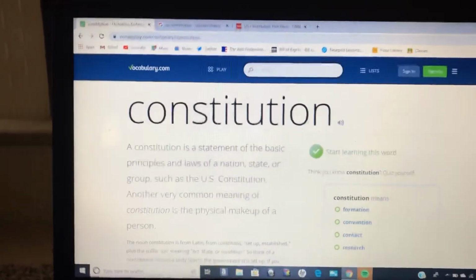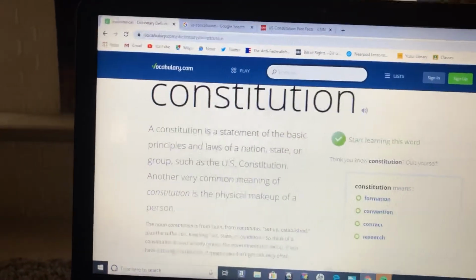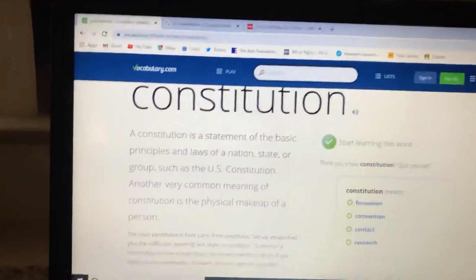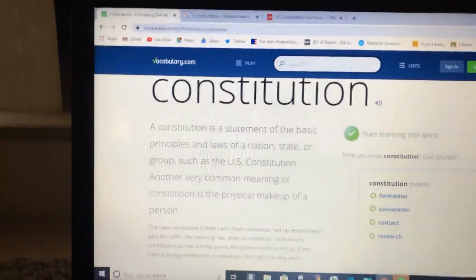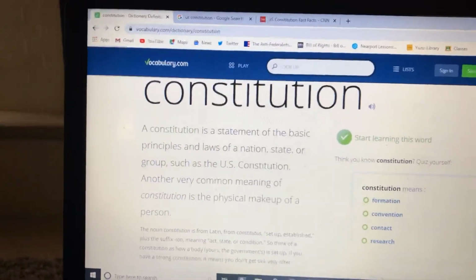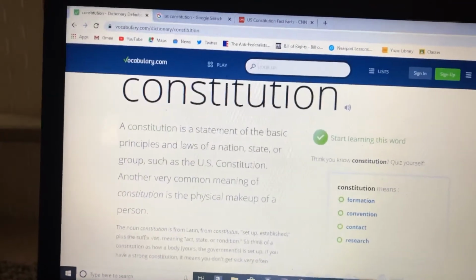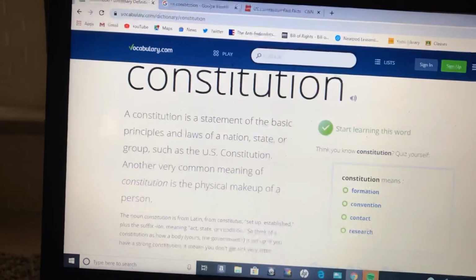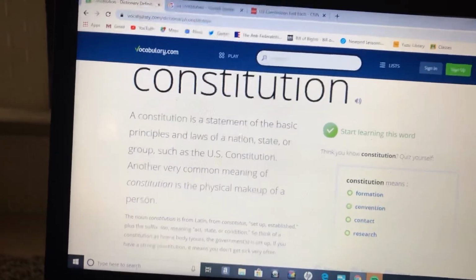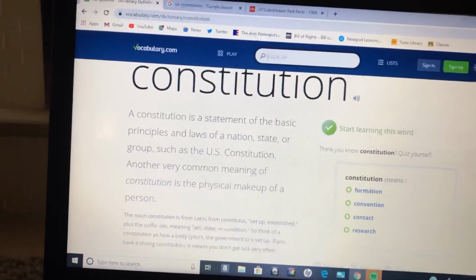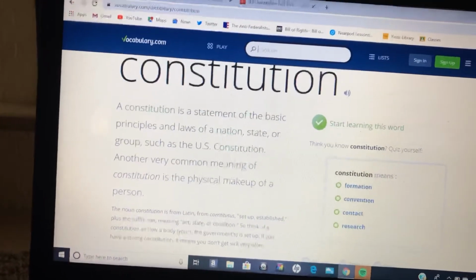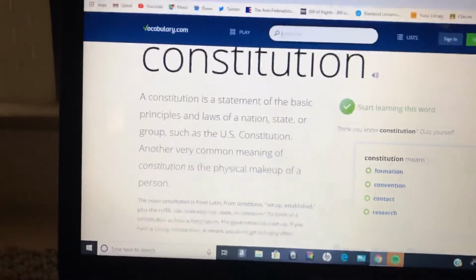If you may remember from previous classes, there's also a similar word, constitute, which is essentially the act of performing this. Constitution itself comes from the Latin word constitutus. Its definition is set up, establish. So essentially, you're creating something.